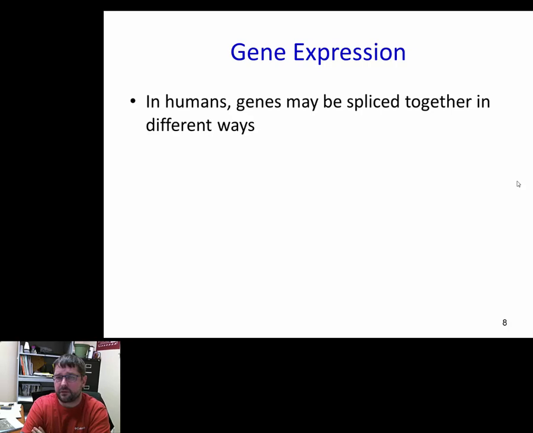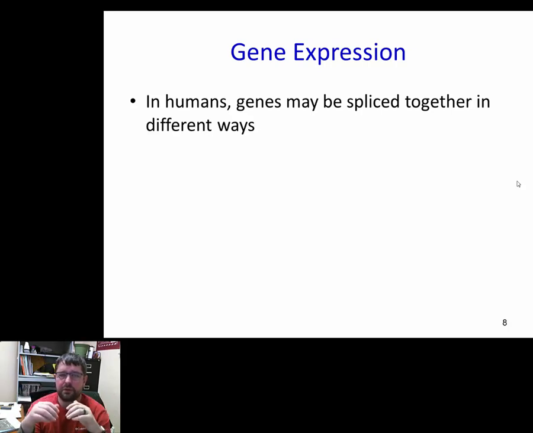Okay. Now here's the kicker. And this is the interesting piece, and this is the piece that a lot of research is going into to figure out how this works. Sometimes when those spliceosomes come in and they remove those introns, they also change the arrangement of the exons.